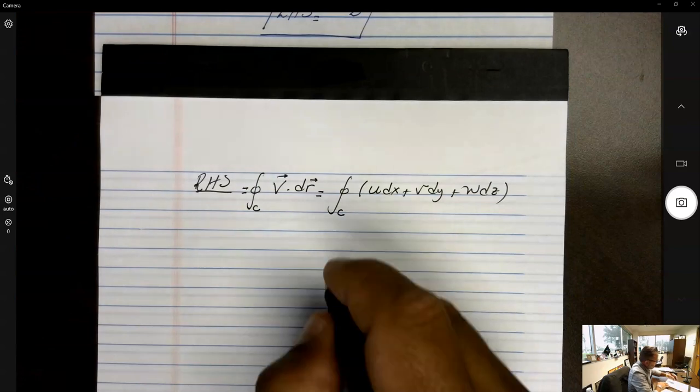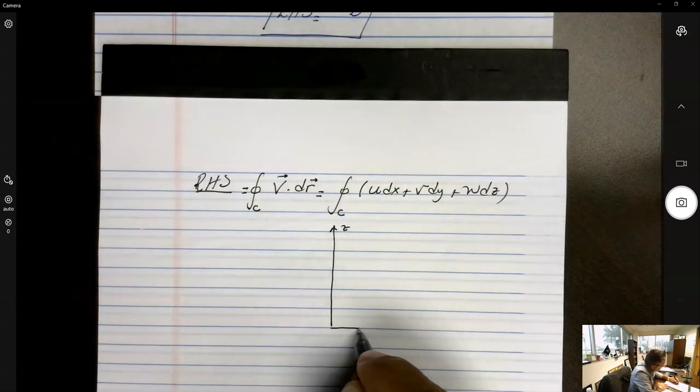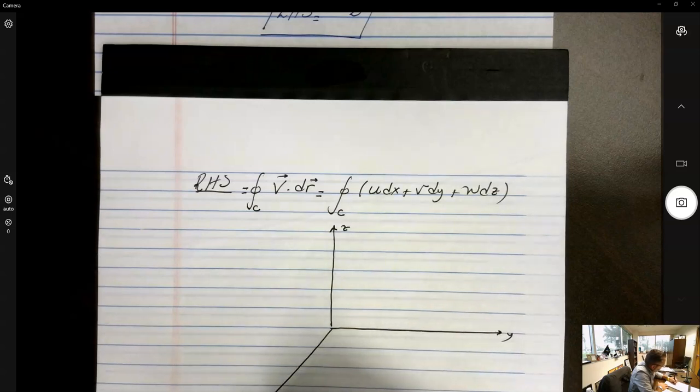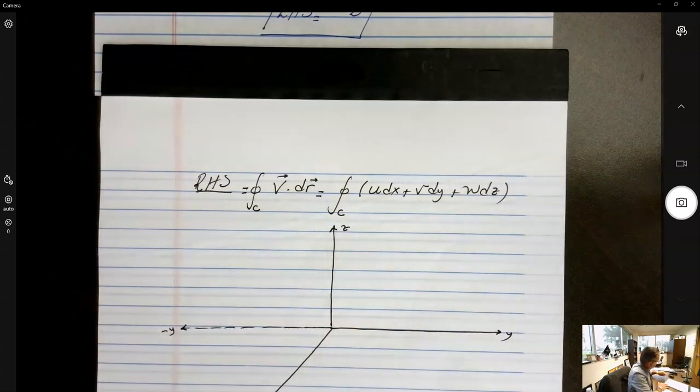And if we go back again and plot this, this is y, this is x, minus y.